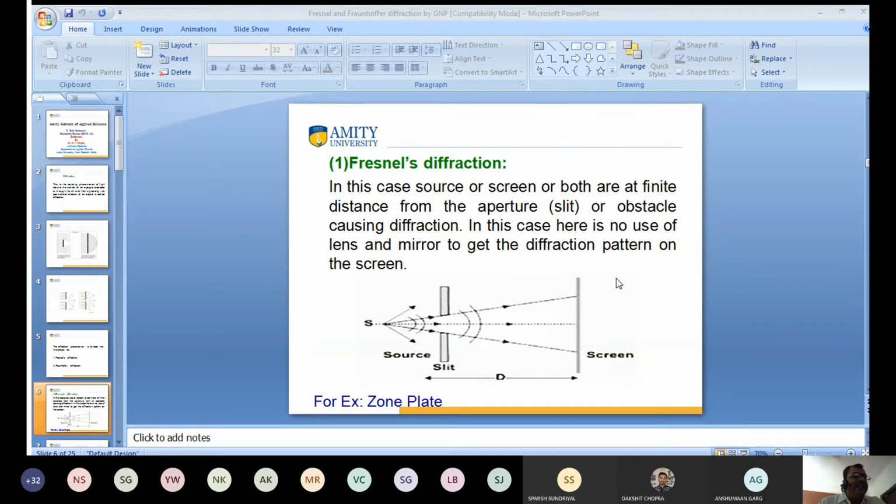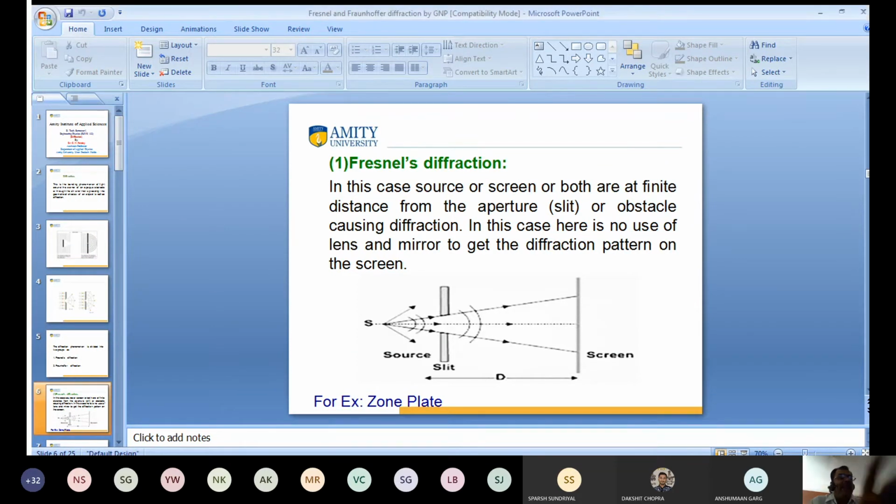In the case of Fresnel diffraction, source and screen are at finite distance from the obstacle, and we can't use any lens and mirror. For example, a zone plate is an example of Fresnel diffraction.